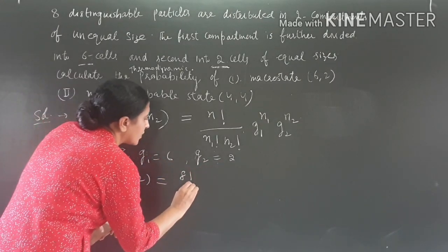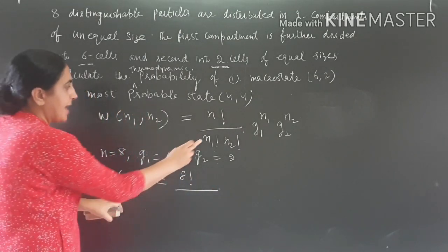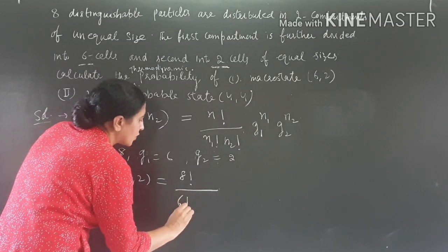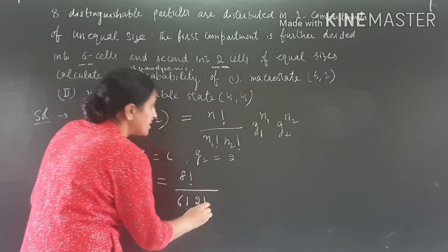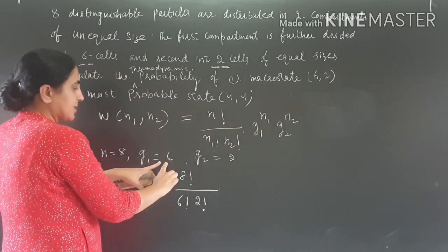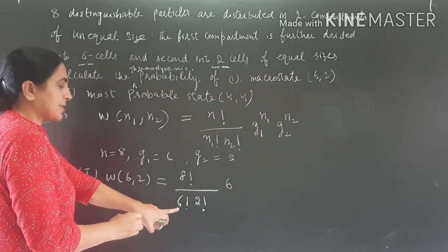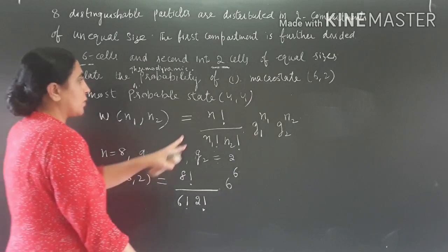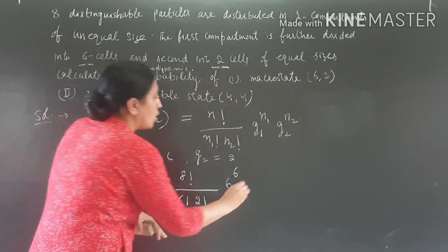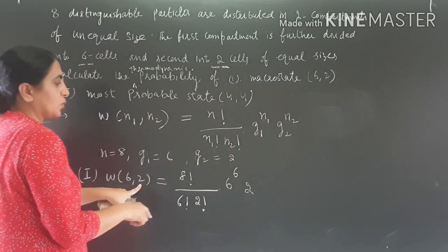So 8 factorial divided by N1 factorial, N1 is 6, 6 factorial; N2 is 2, 2 factorial; G1 is 6, 6 raised to power N1, N1 is also 6, 6 raised to power 6; G2 is 2, 2 raised to power N2, N2 is here 2.